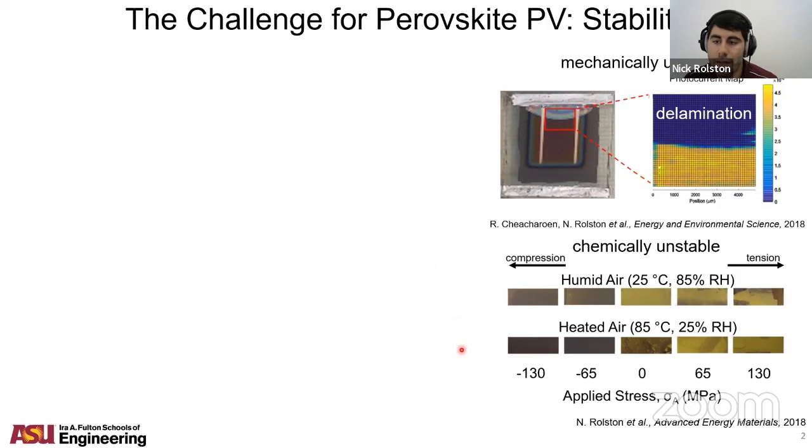We have also shown that the application of tensile stresses when exposed to high humidity or high heat leads to rapid degradation of, in this case, methylammonium lead iodide from its black phase to a lead iodide based yellow phase, whereas going into compression significantly enhances stability.